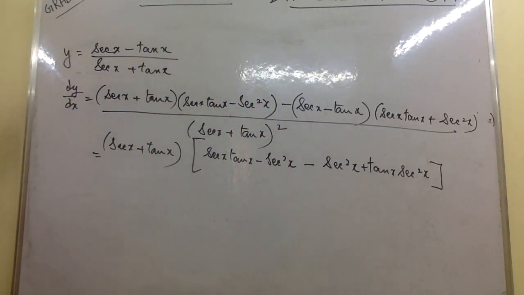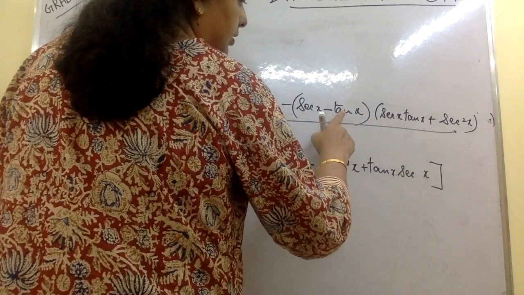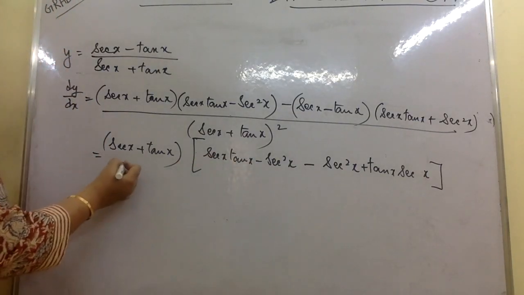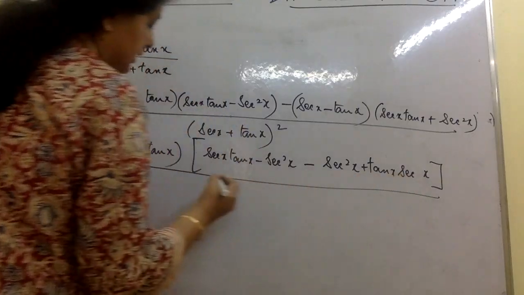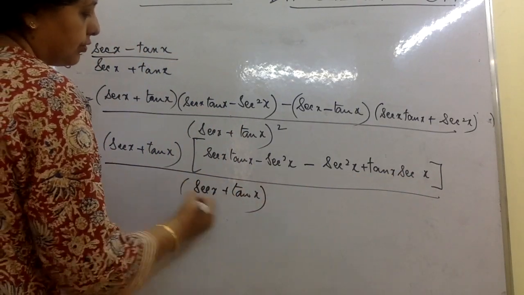Okay, so plus tan x and sec x, not sec square x. Okay, now we can see here by sec x plus tan x whole square.